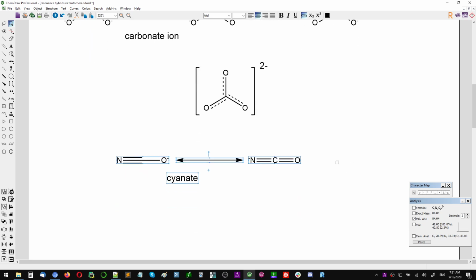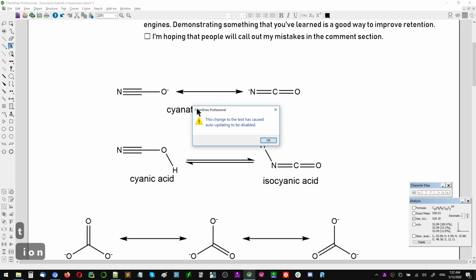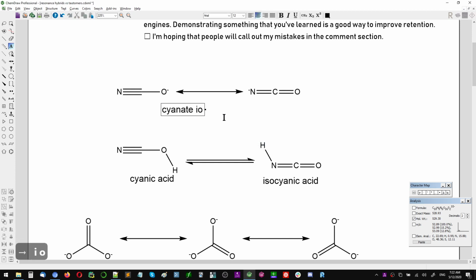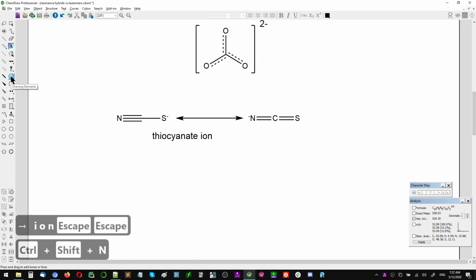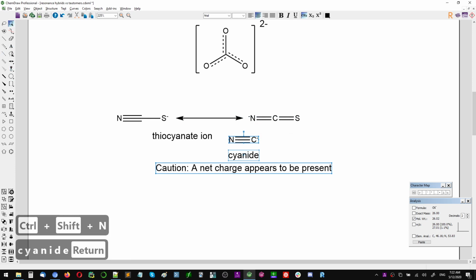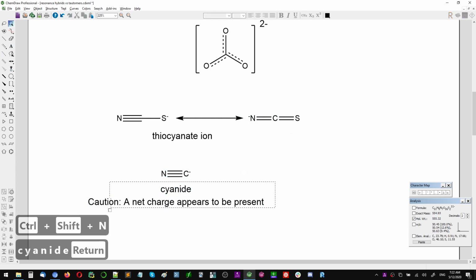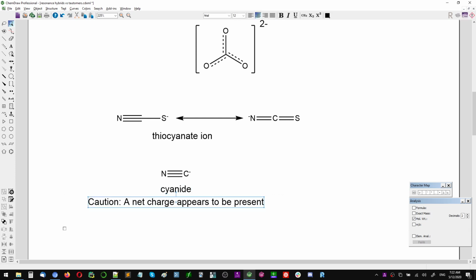I will just move this one. So this would be thiocyanate ion. And maybe also do cyanide. And I will talk about how all these three can act as functional groups as well.